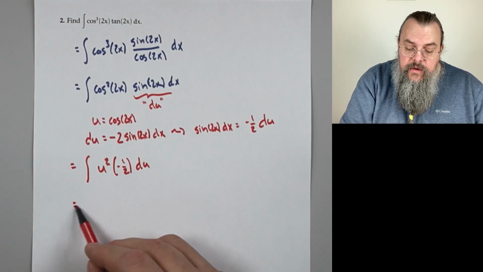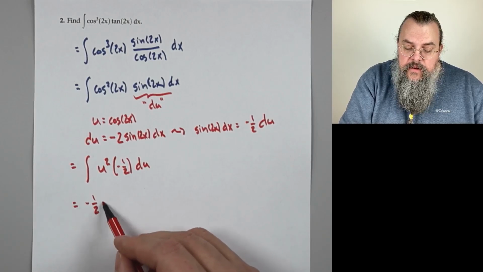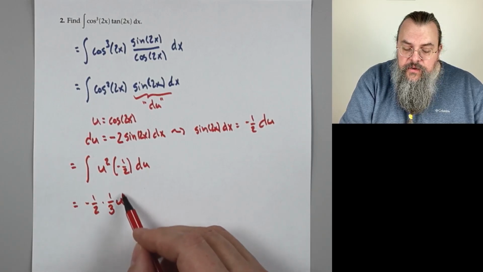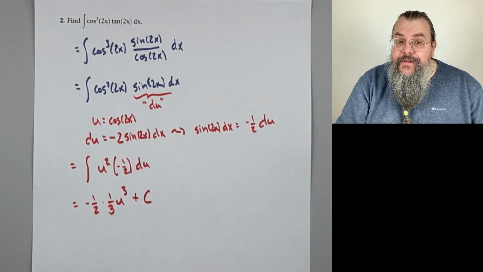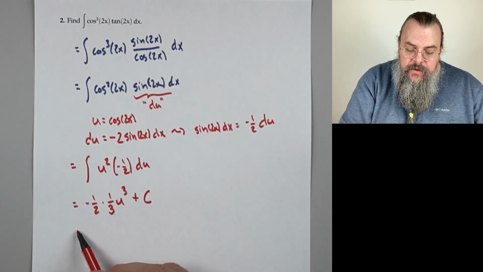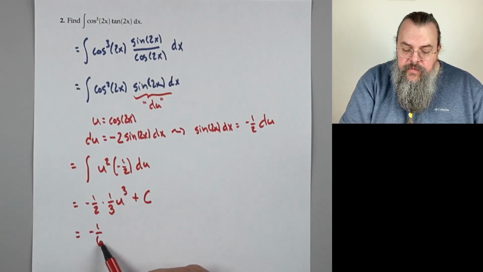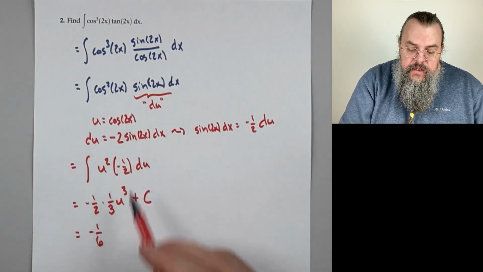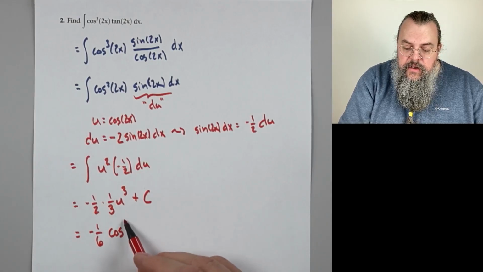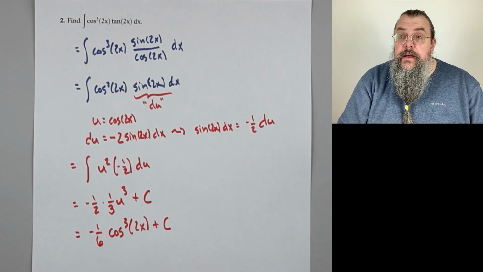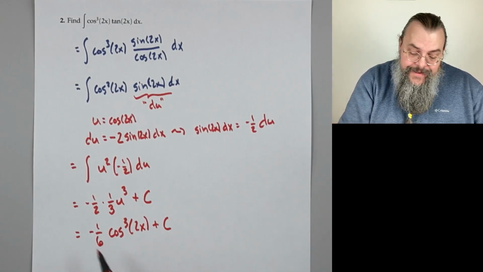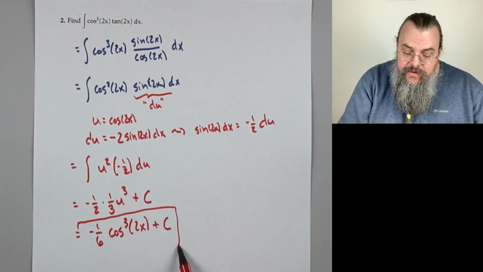So when you integrate u squared, you would have u cubed over 3. Don't forget, of course, plus c, because we don't want to lose any points. Minus a half times a third gives us minus a sixth. u is cosine, so we get minus a sixth cosine cubed of 2x plus c, and done. That's it. Our final answer.